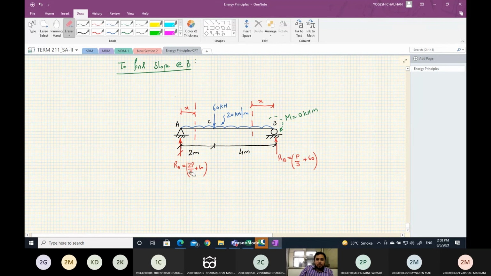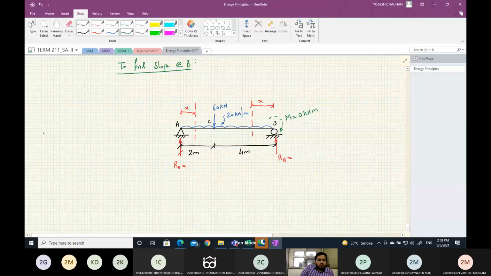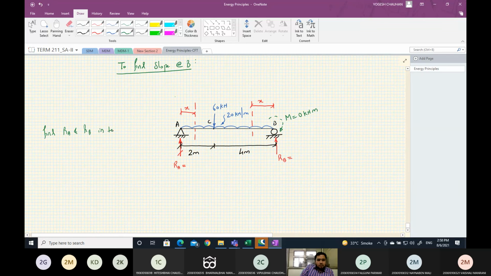Okay, and again you find the reactions RA and RB in terms of M. Find RA and RB in terms of M, and then you follow the same procedure we did.